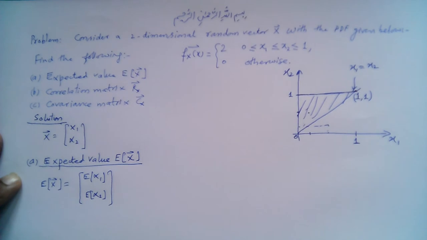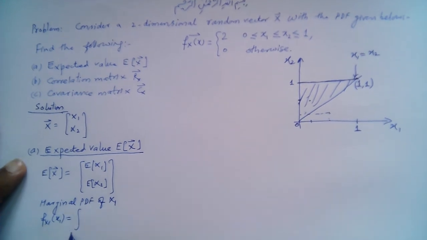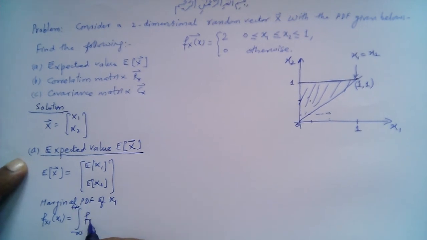One way to do that will be to derive the marginal PDF of x1 and the marginal PDF of x2. For example, the marginal PDF of x1 is given by f_x1(x1) equal to the integral from minus infinity to plus infinity of f_x(x bar).